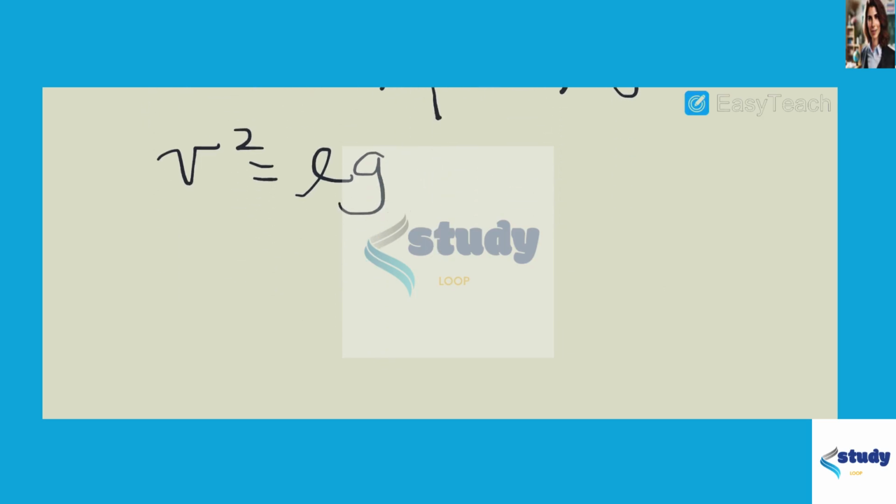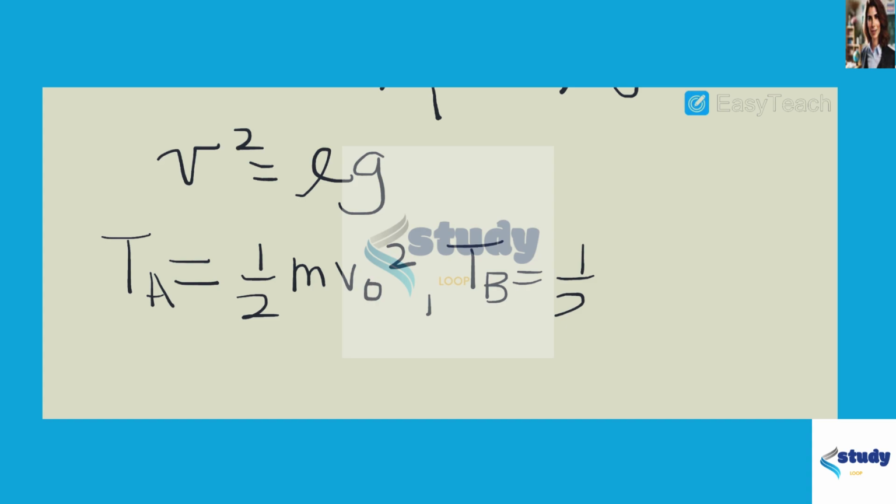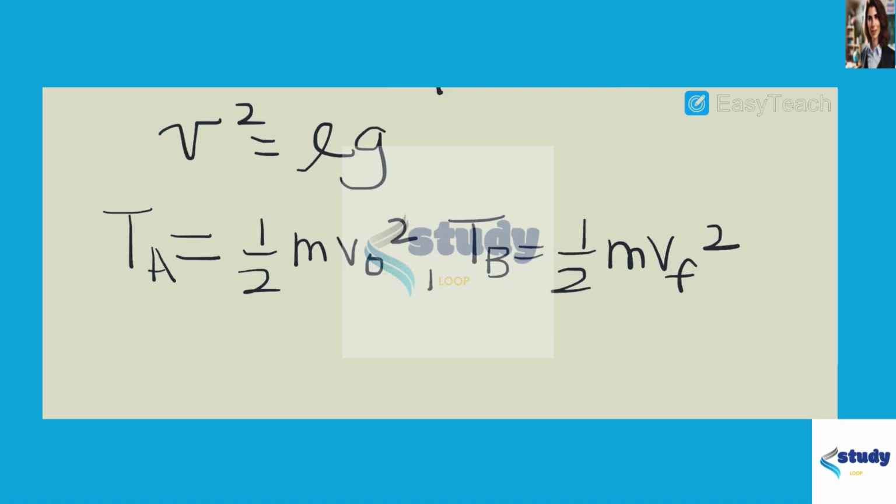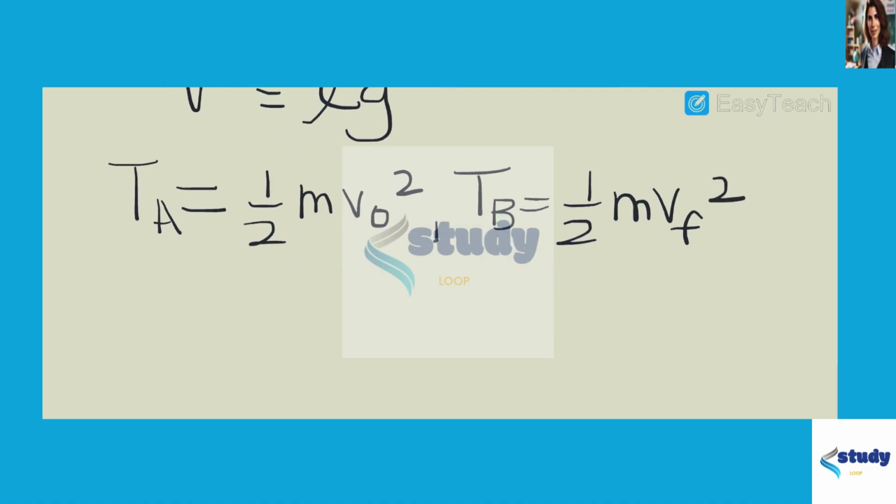Now, we know that we're going to use kinetic energy and work in this situation, so let's define those. The kinetic energy at A is going to be 1/2 m v0 squared, and the kinetic energy at B will be 1/2 m vf squared. Let's look at this in terms of work now. From A to B, we only have the gravitational force working in the direction of motion.